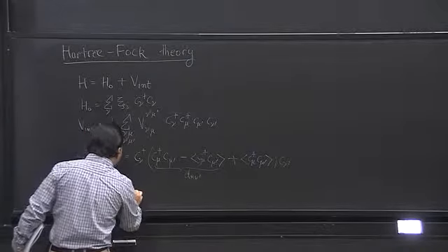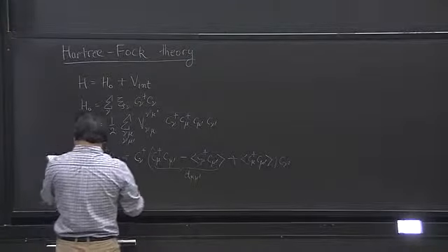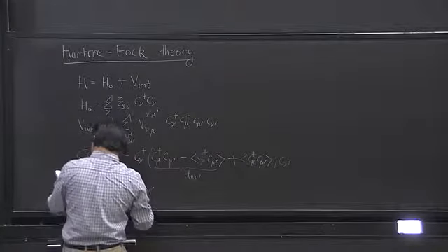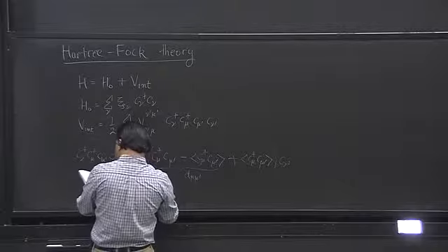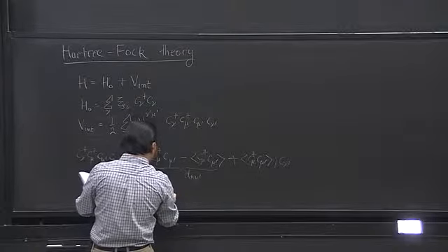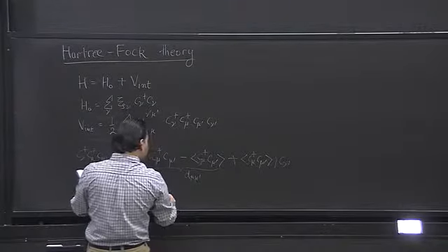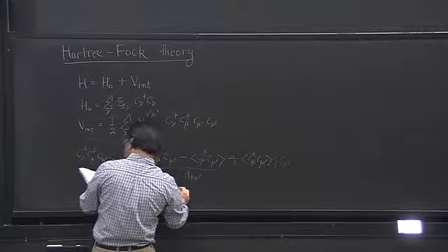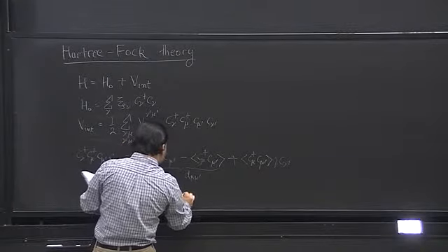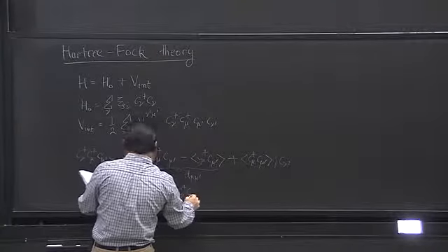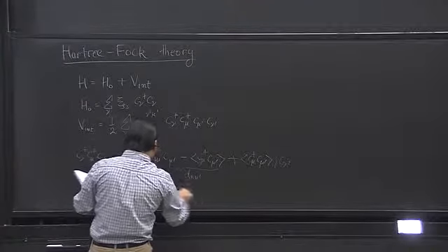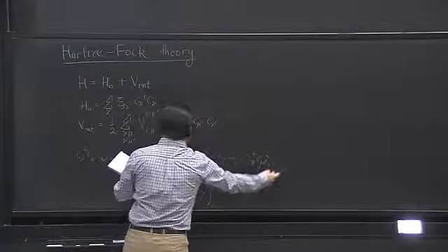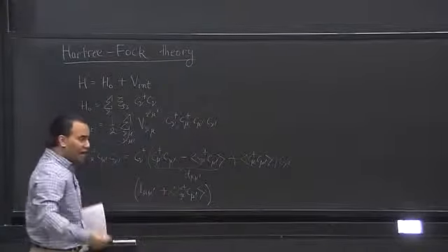So this quantity can be written as d mu prime plus the expectation value of c mu dagger c mu prime.